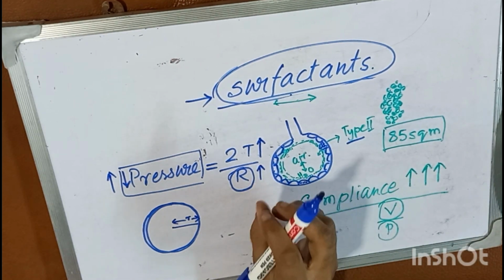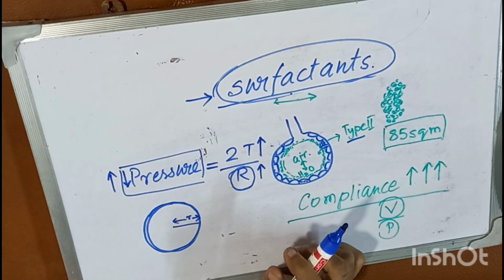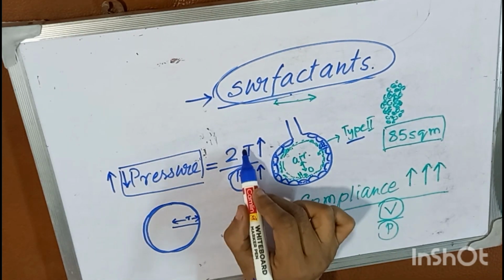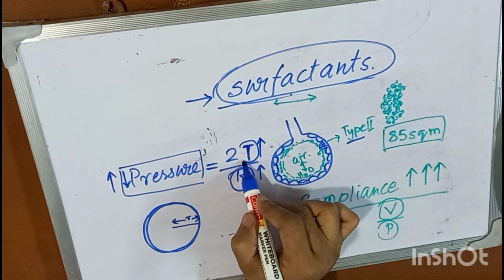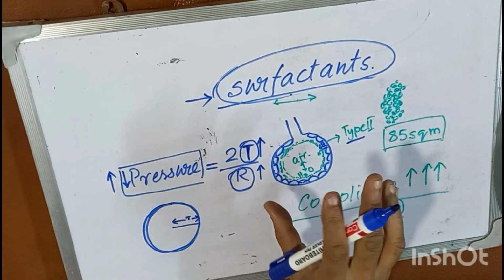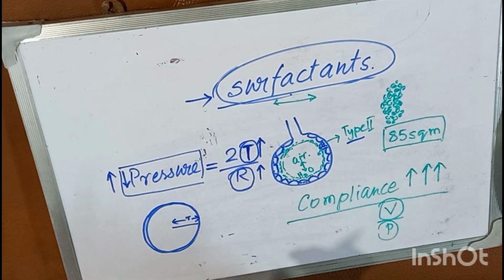So there will be a collapse of the alveoli because of the increase in surface tension, the increase in this factor T. The alveoli will try to collapse and there will be an increase in pressure.